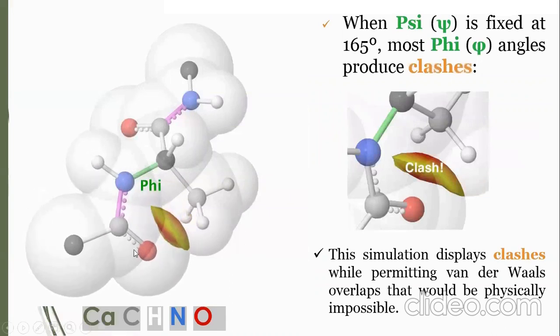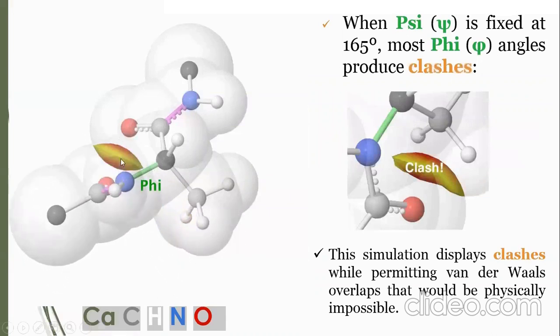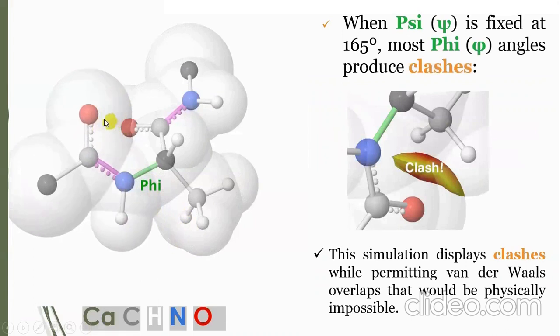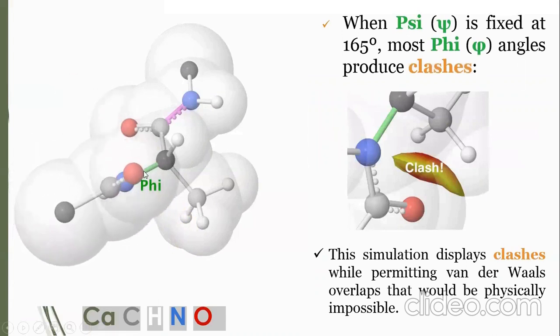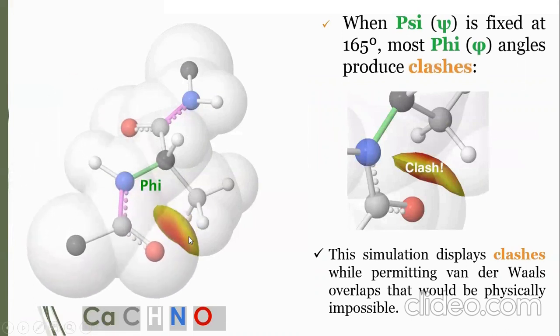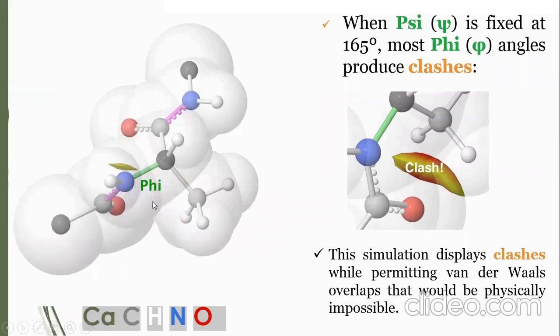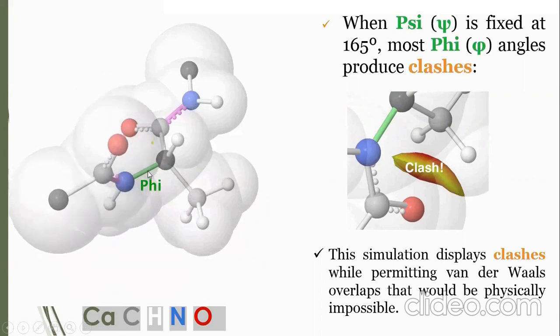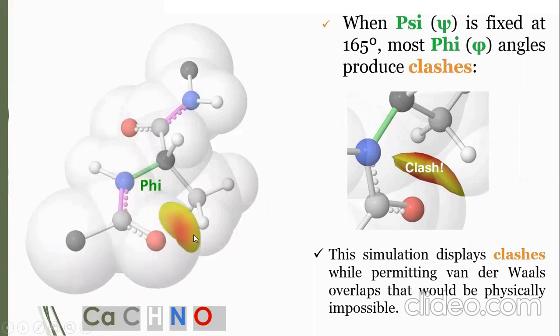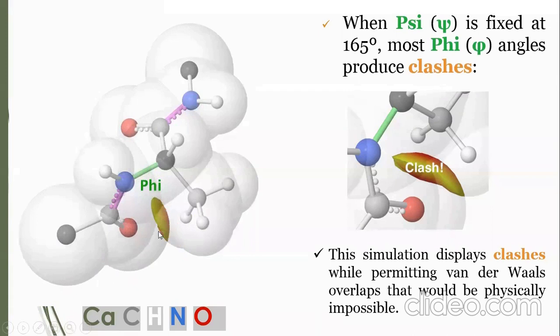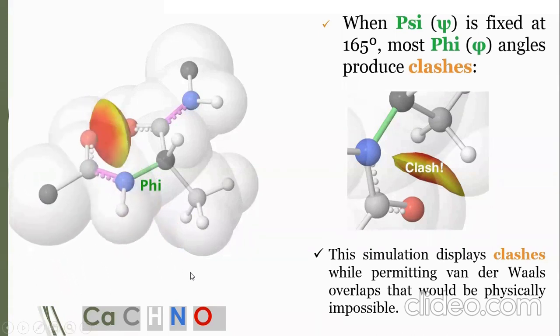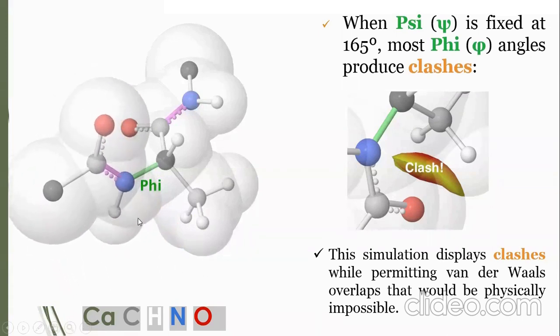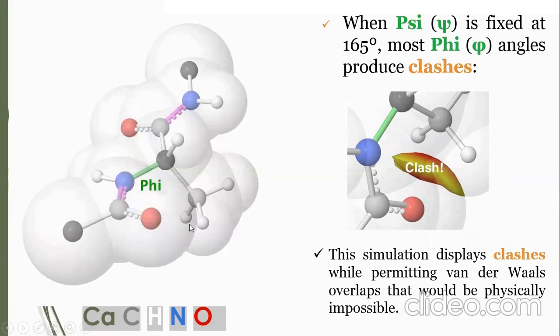So if you can see, if this phi angle moves, the clashes are here. These are the clashes. Now this is okay. This is okay. Now this clash occurs. So that means it cannot move from here to this position. Here it can move, but it cannot move from here to there, and the clashes will occur if it moves more.